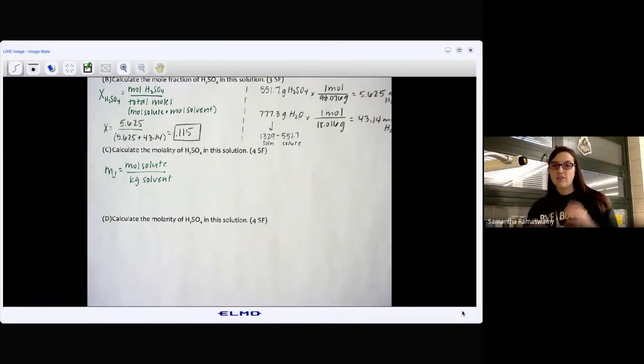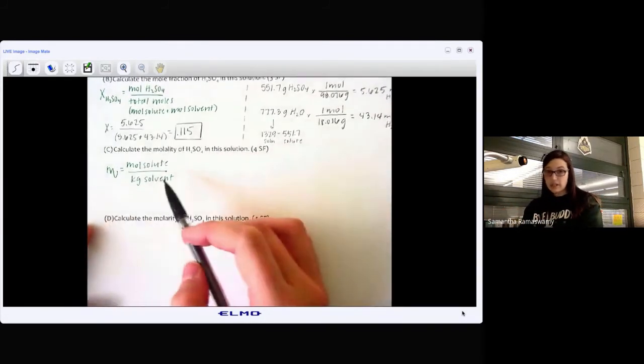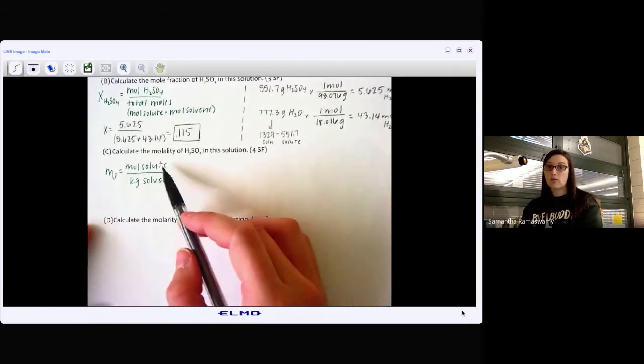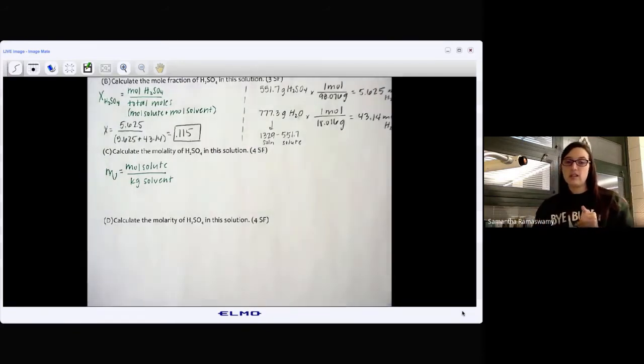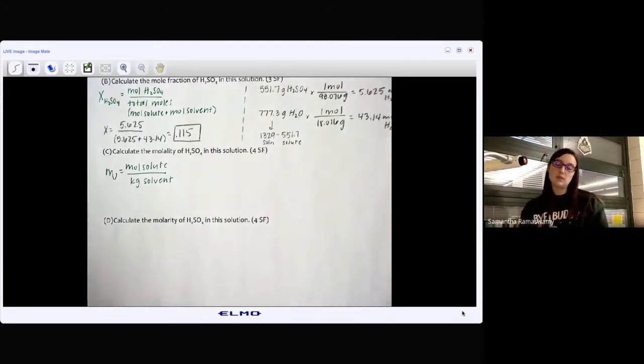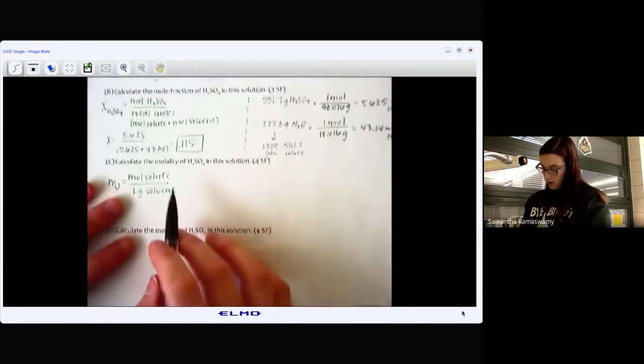You need to make sure everything is converted. Use the molality equation. You'd solve for moles, and then you'd go to grams. So you have to make sure to use any of these equations. Make sure your units are exactly what they need to be, and then you might have to convert back out after.